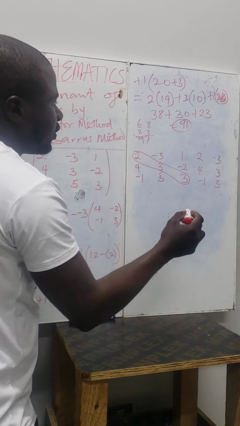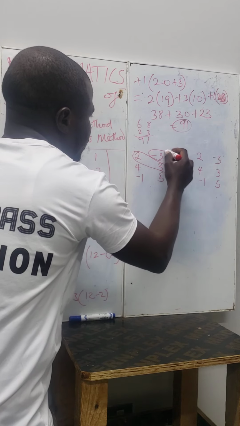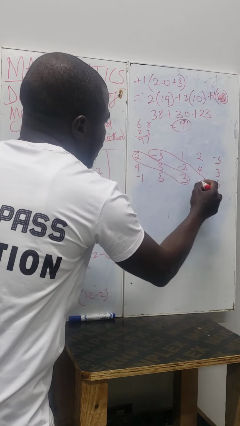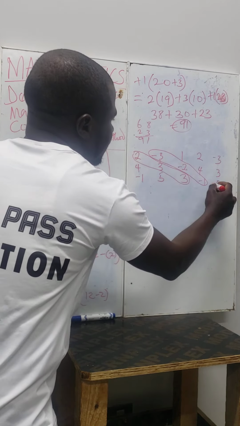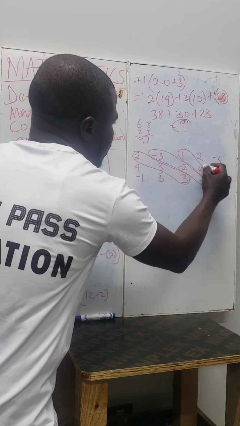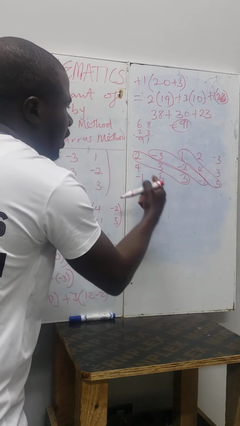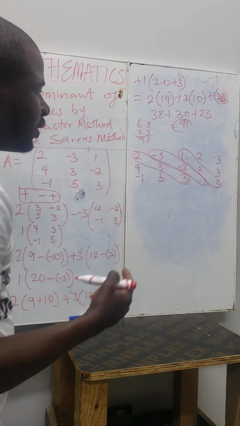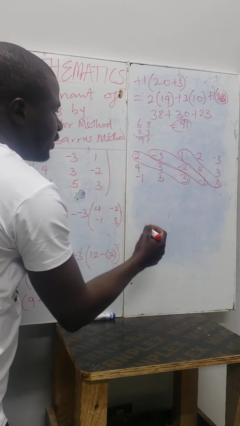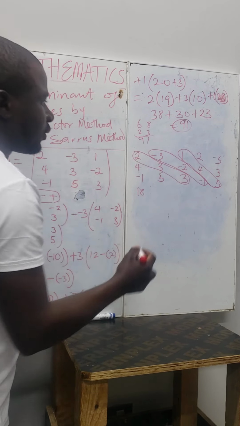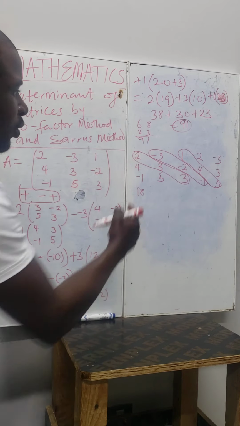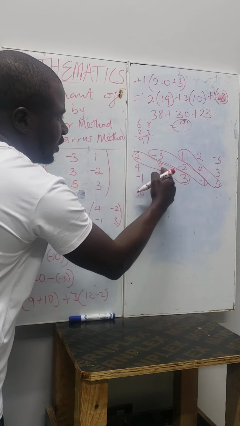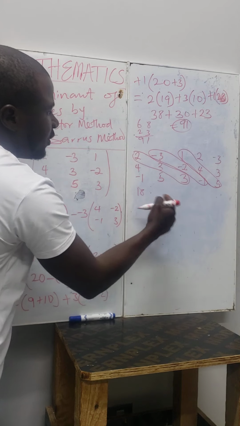Take them out like this. Take these ones out like this. Then take these ones out like this. These are the major diagonals. 2 times 3 is 6. 6 times 3 is 18.